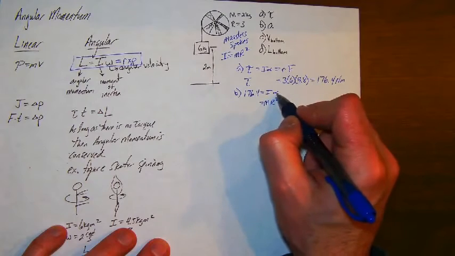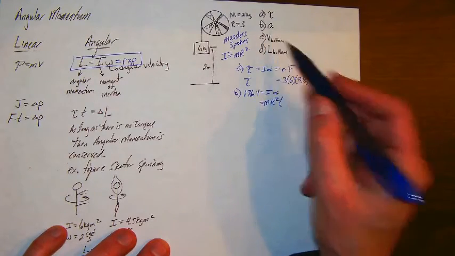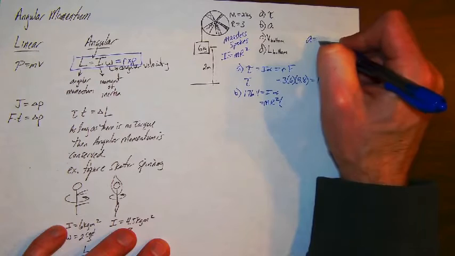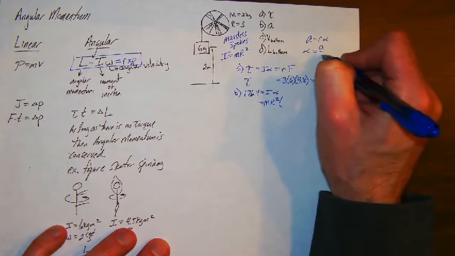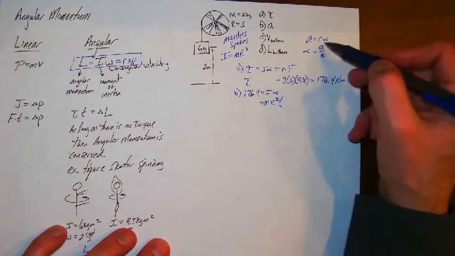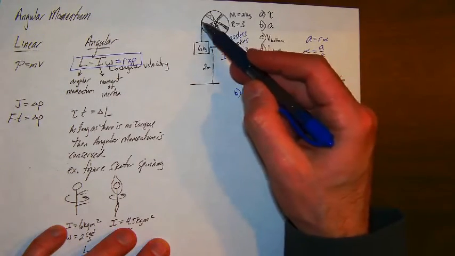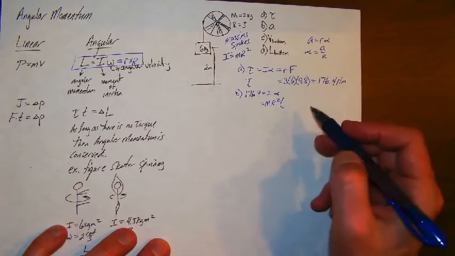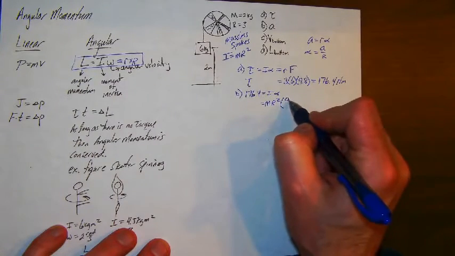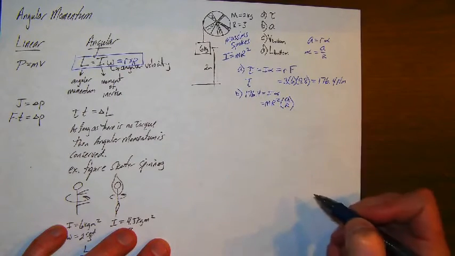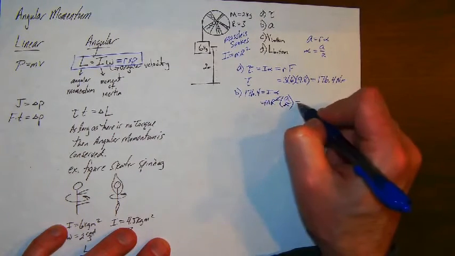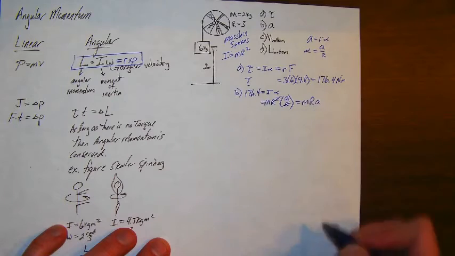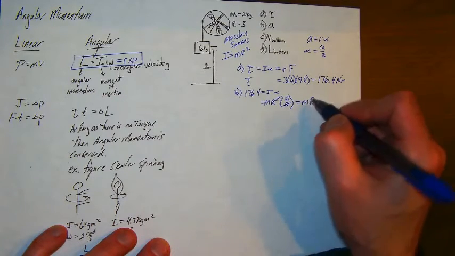To convert angular acceleration to linear acceleration, we have A equals R alpha, which means that alpha is equal to A over R. And I'm making that be big R because that's going to be the radius of my pulley. So this will be A over big R. Now I can cancel out an R, and I'm left with mr times A. Well, I know what m is.